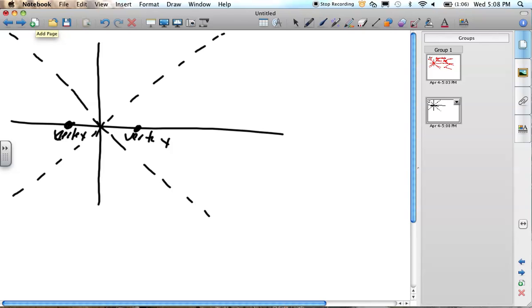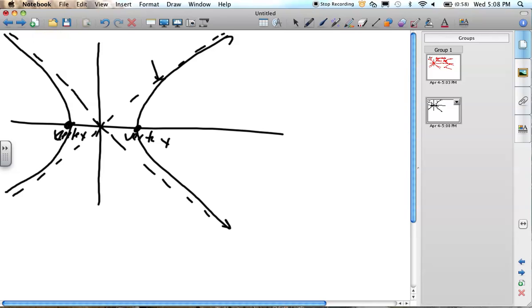And this is the center. These are our slant asymptotes. So each one of these is a branch. And inside we've got two foci.